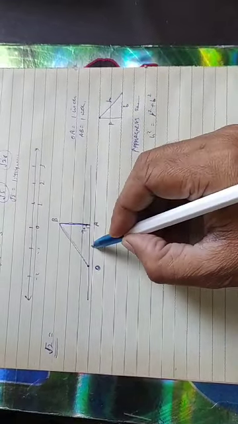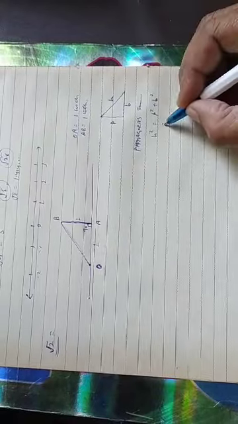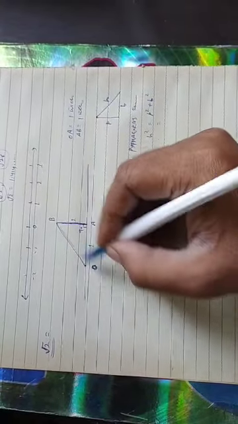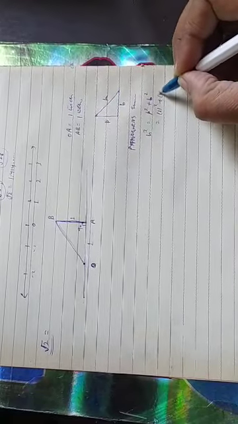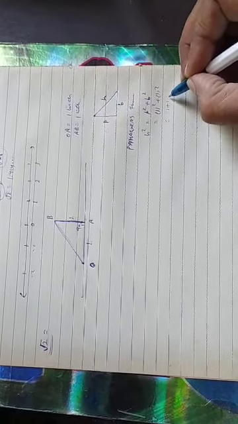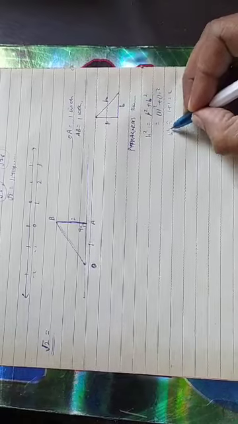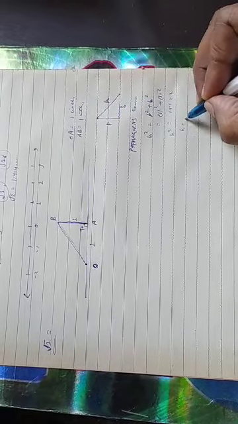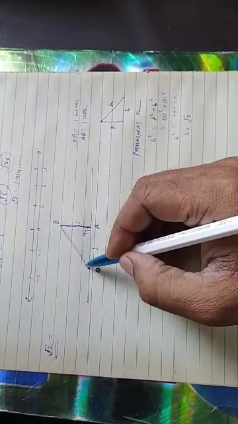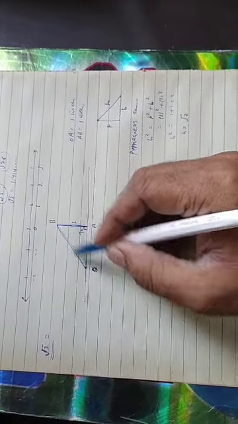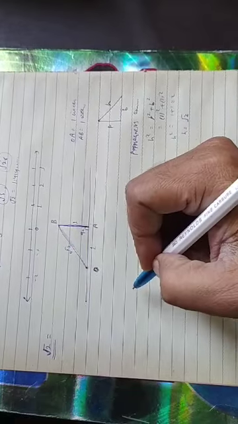In this case this is 1 unit, this is also 1 unit. So h square is 1 square plus 1 square, that is 1 plus 1, which is 2. When you find h, it becomes root 2. It means the length of segment OB is root 2.